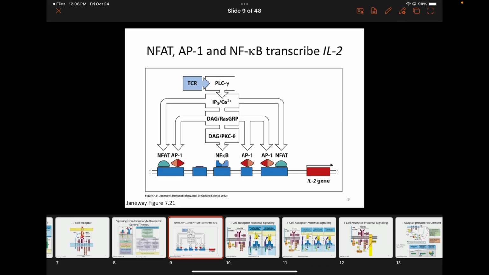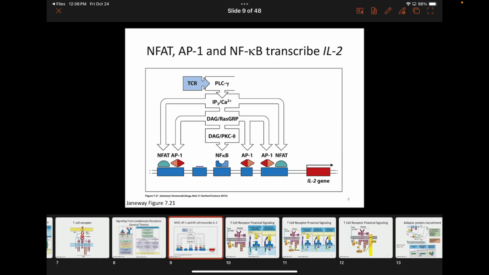And one of the reasons why the combination of those 3 transcription factors is going to be so important for us is that if a T cell has all 3 of those transcription factors active and ready to go, that T cell has the ability to transcribe a particular gene. And that gene is the gene for IL-2, so it encodes the protein IL-2, which is a really important cytokine in T cell biology.